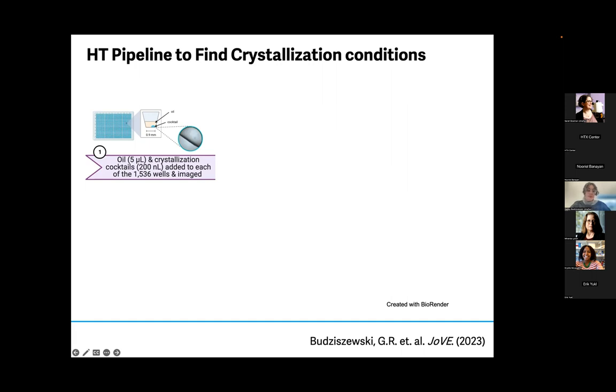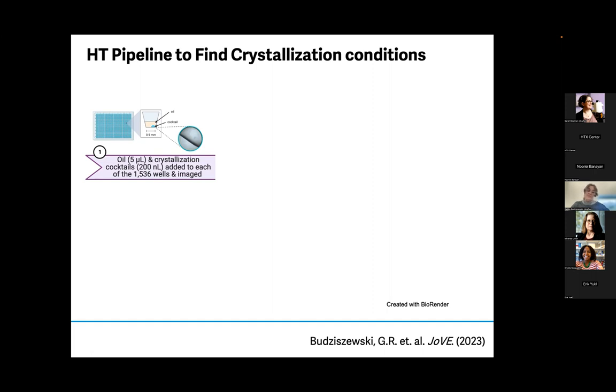So after we put the oil into the plates, we plate our cocktails, which you can see in this diagram as this little droplet on the bottom of the well. And we always take a cocktail only image of the plates directly before setup, as Sarah said, as a negative control, so we can understand the state of the well before we add your protein.